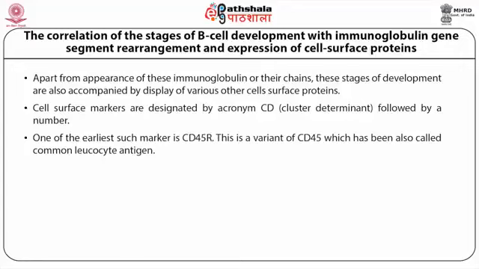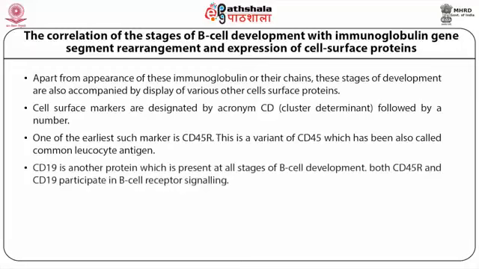CD45R is seen in pro-B and in all subsequent B cell stages right up to plasma cell. It is a tyrosine phosphatase. In mouse the nomenclature is different, and the equivalent of CD45R is called B220.